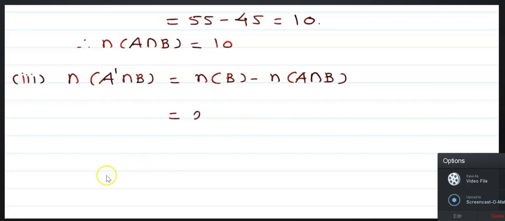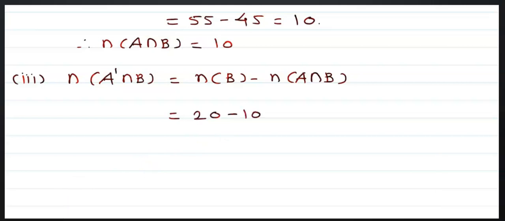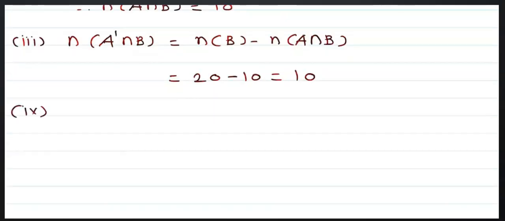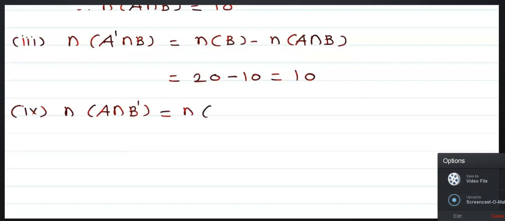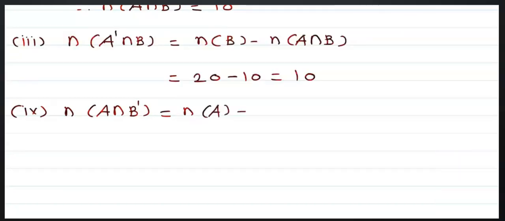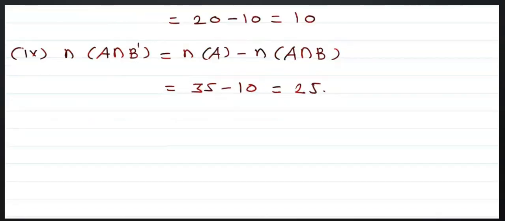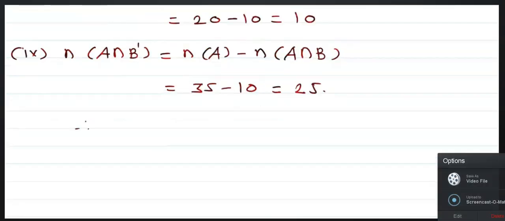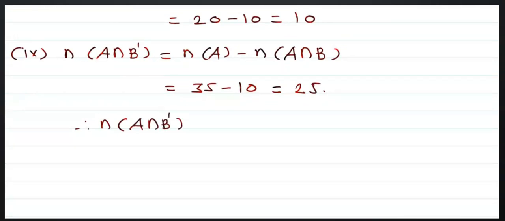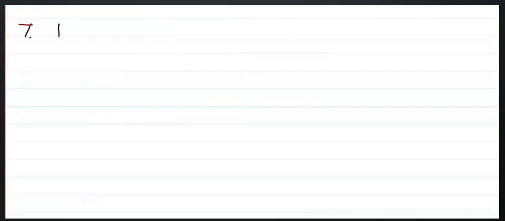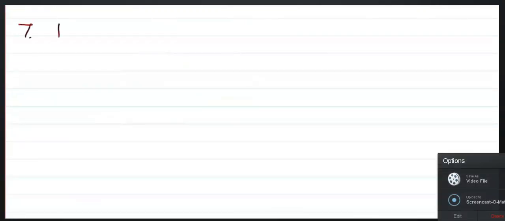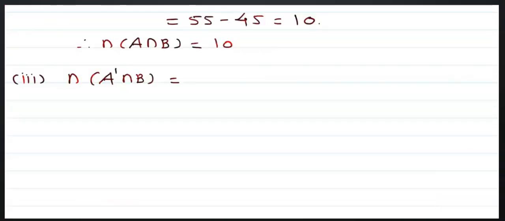Then you can solve this, because all these are different types of sets. That is N of B is 20 minus 10, that is equal to 10. N of A intersection B complement is equal to N of A minus N of A intersection B, that is 35 minus 10, that is equal to 25. Therefore, N of A intersection B complement is equal to 25.